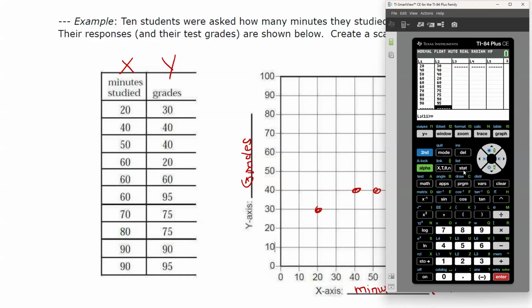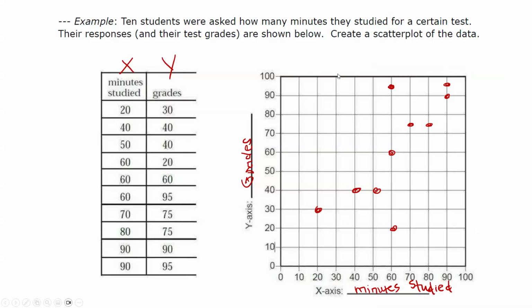So now we want to get our linear regression line. So we'll go over to Calc, number 4. Everything should already be set up from the last problem. And we see here that our correlation coefficient is 0.75.